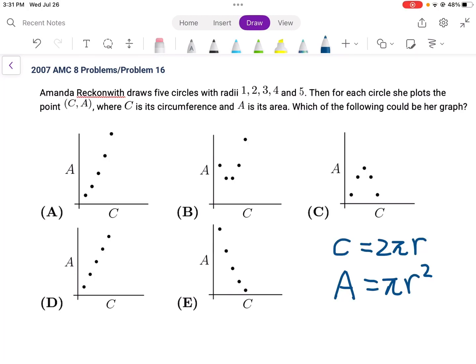So if the radius is from 1 to 5, which is equal or larger than 1, then the area will increase faster than the increase of the circumference. In this plot, A satisfies this rule.